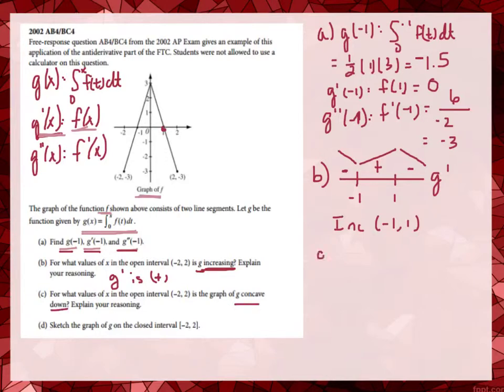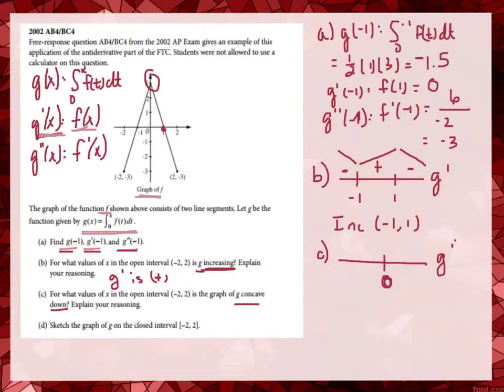Well, concavity comes from the second derivative, so we'll do a second derivative sign chart. To get the second derivative, I want the derivative, or the slope, of the first derivative. So since I have the graph, I want to know when the first derivative slope is either 0 or undefined. Well, it's undefined because we've got this corner right here at 0, 3. So then I have a possible point of inflection at 0.